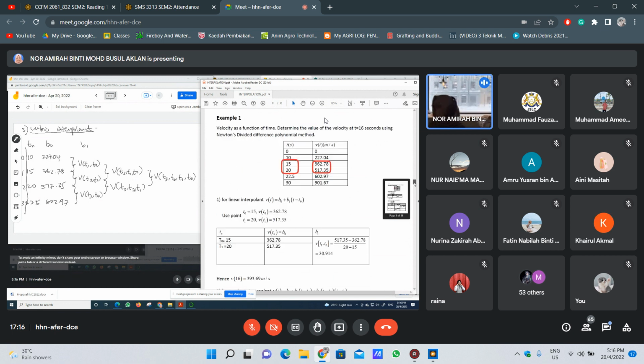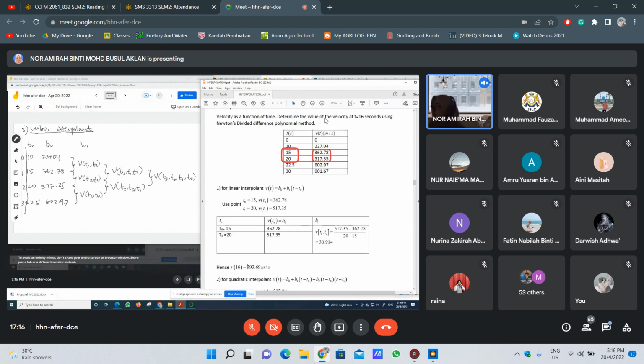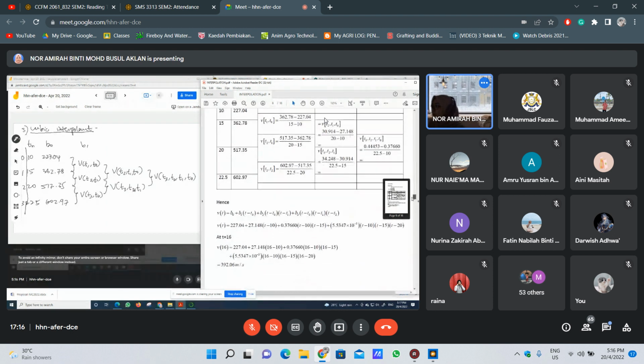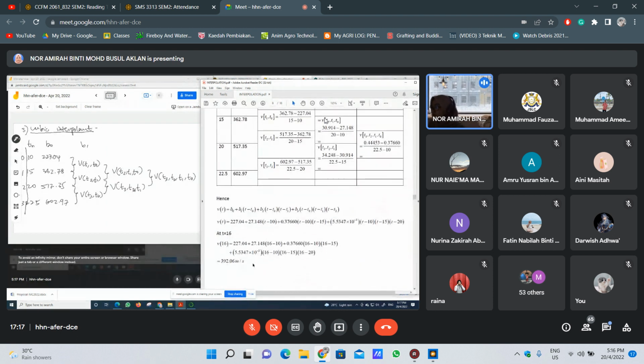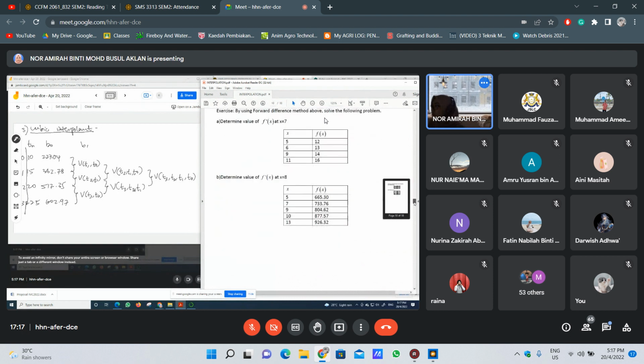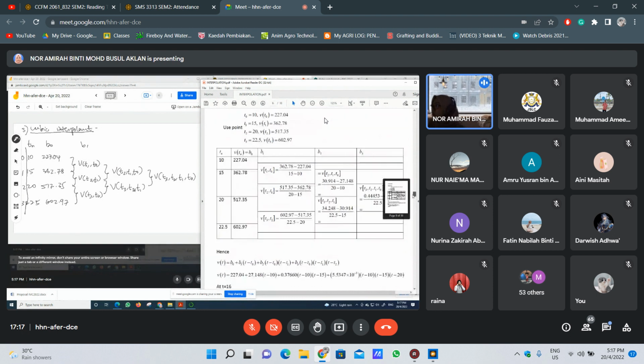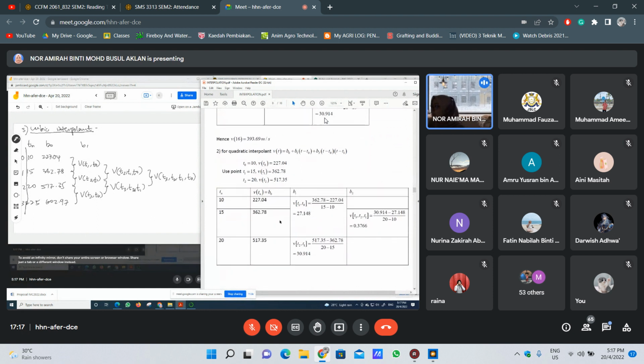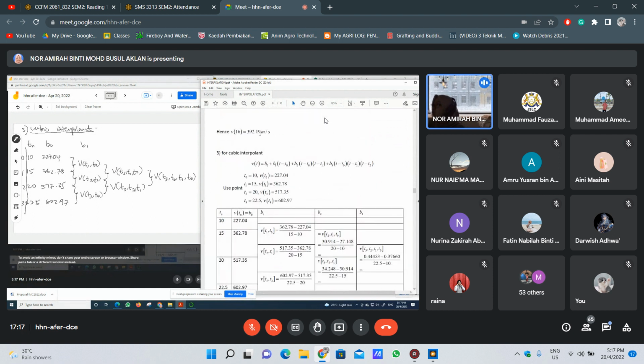Tapi sebenarnya, you dah boleh dapat value. Dah dapat 393. So, from linear interpolant, you dapat 393. Kalau quadratic, you dapat berapa? You dapat 392.19.